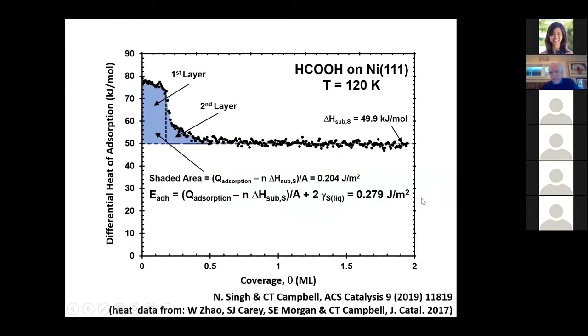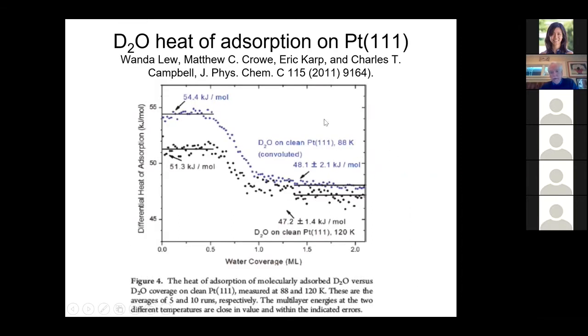Similar measurement for formic acid on nickel. Again, the shaded area gives us the adhesion energy, if we know the surface energy of liquid formic acid in this case. So those are three different solvents. The data we used to get the water was for D2O on platinum 111 from this old paper.